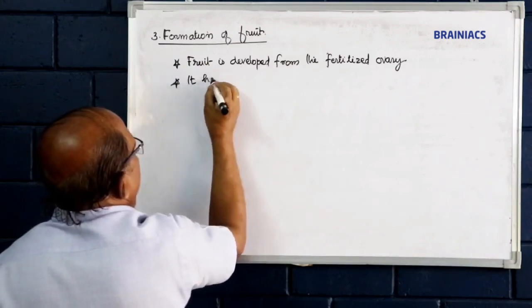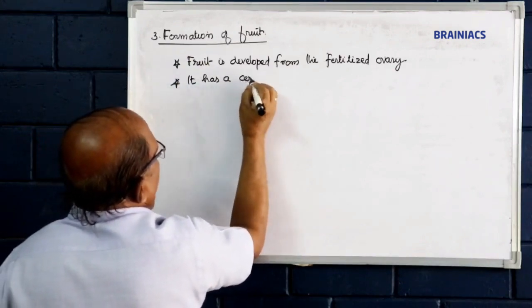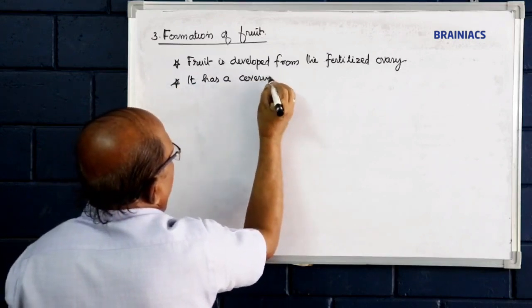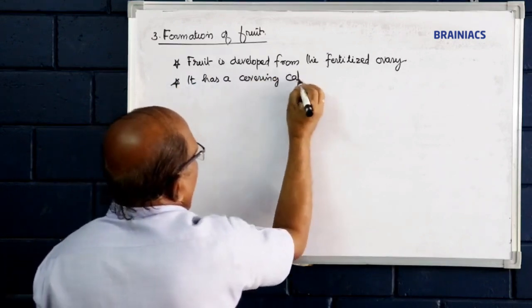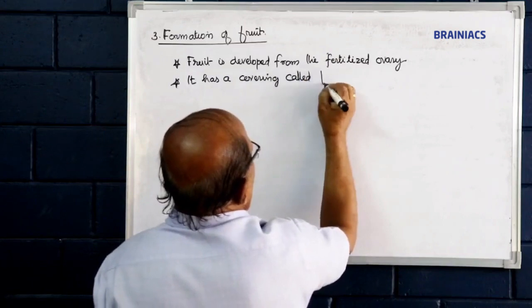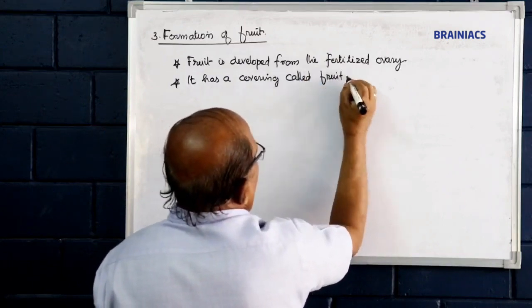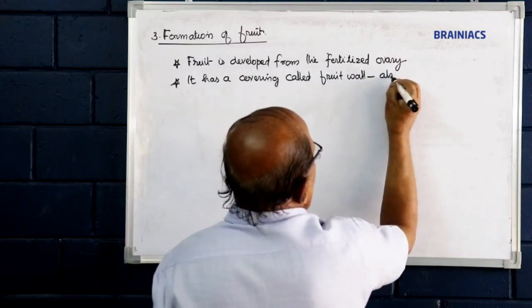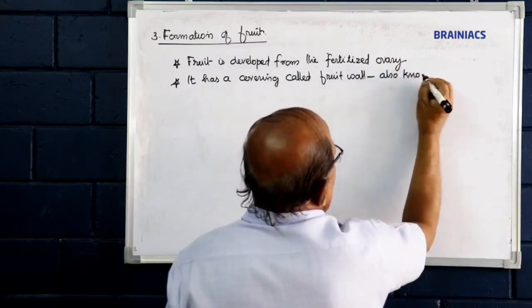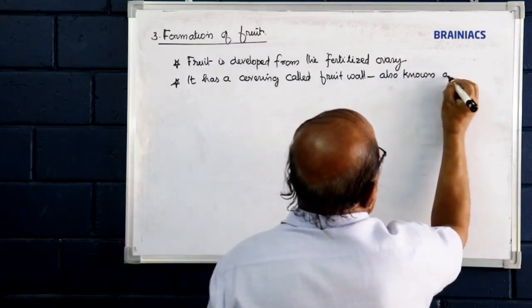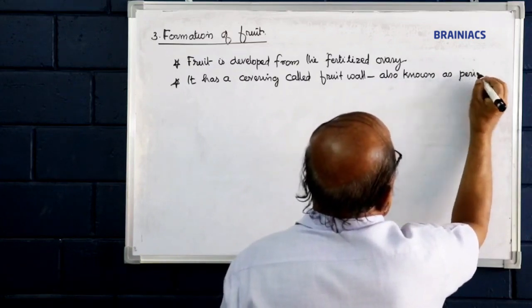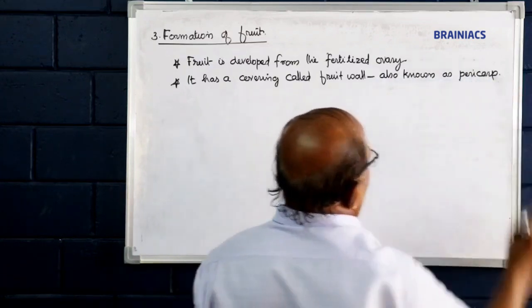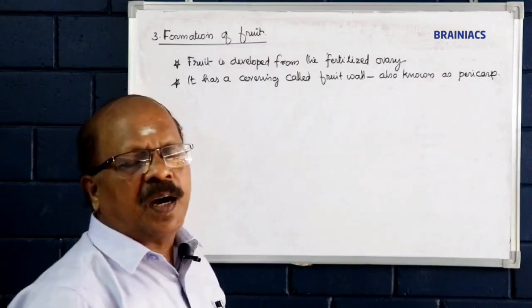It has a covering called fruit wall, also known as pericarp.